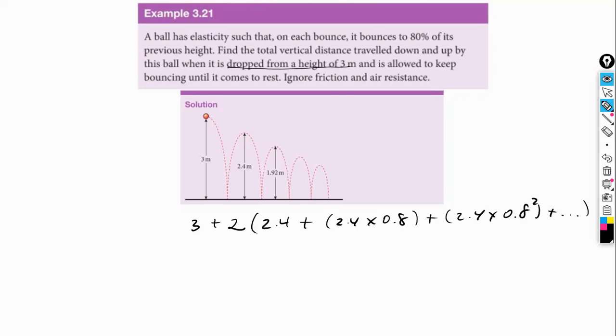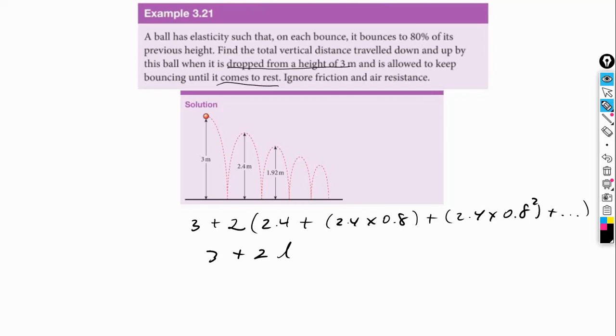So what does this tell us? Well, what it means is that we have something like this, 3 plus 2 times L. Let's call it L, where L, because it says it is allowed to keep bouncing until it comes to rest, would be an infinite geometric series, right?